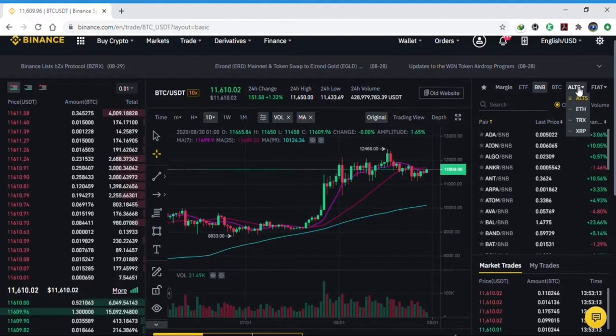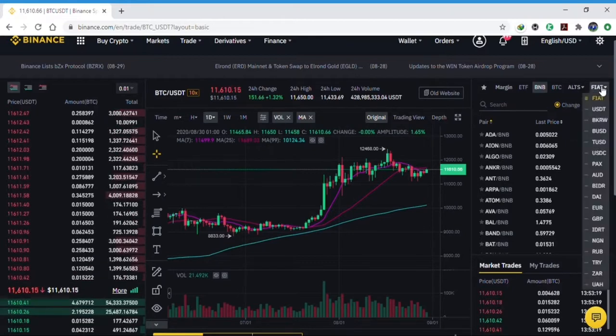If you have Ethereum, you can buy under the Ethereum currency pair. Then you have the fiat. Fiat has basically all national currencies. Then you have the stable coins: USDT, BUSD, TUSD, and so on.